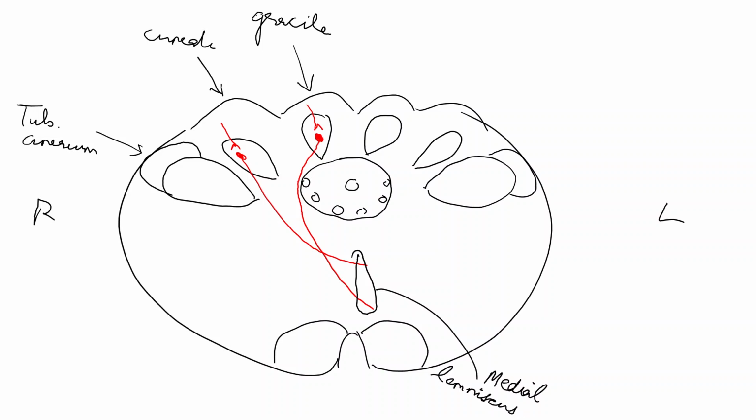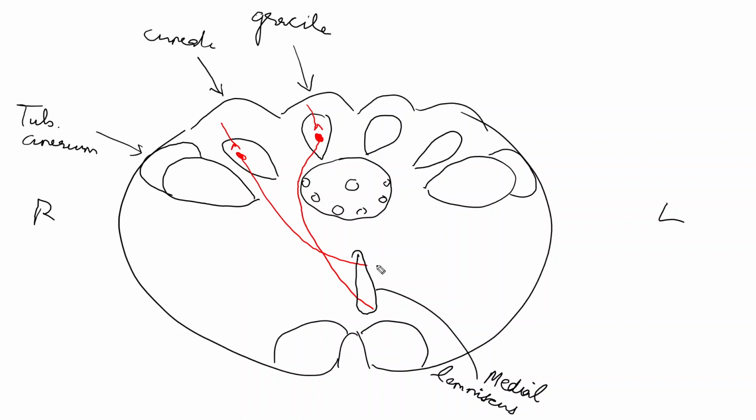And the crossing is in such a way that the fibers from the gracile nucleus, which are receiving sensations from lower part of the body, lower limb and the lower trunk, they form the anterior part of the medial lemniscus, whereas the fibers from cuneate nucleus, they form the posterior part.